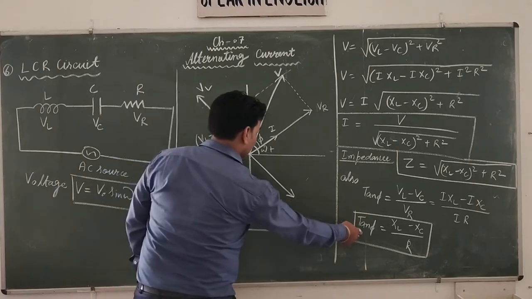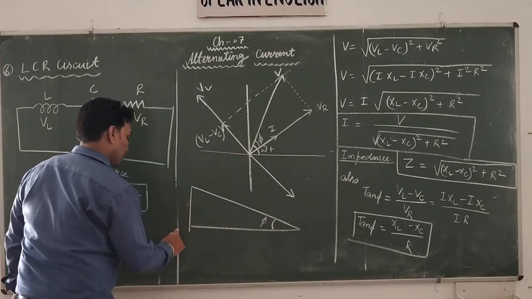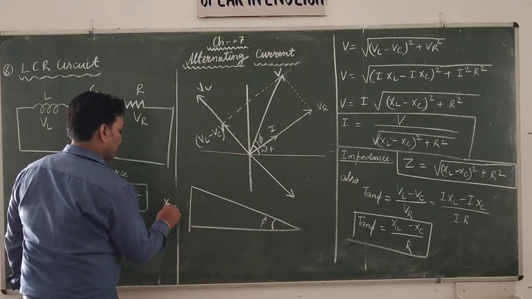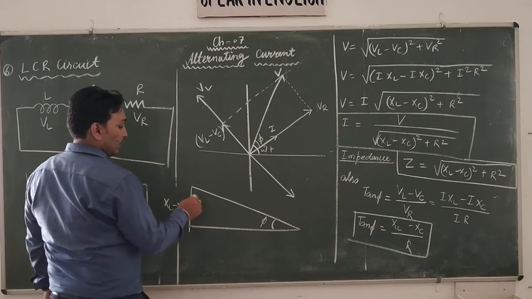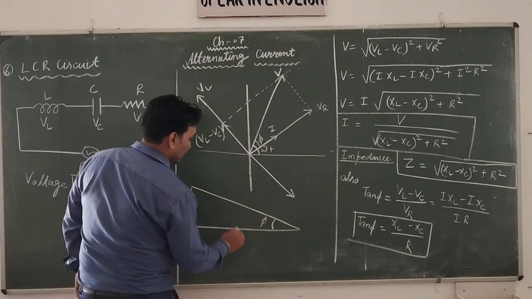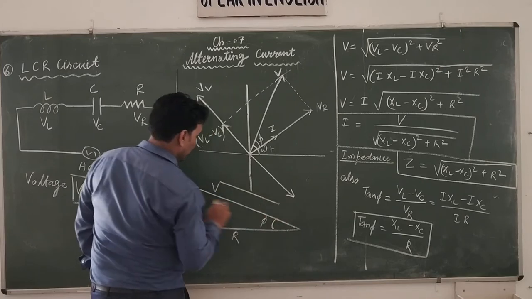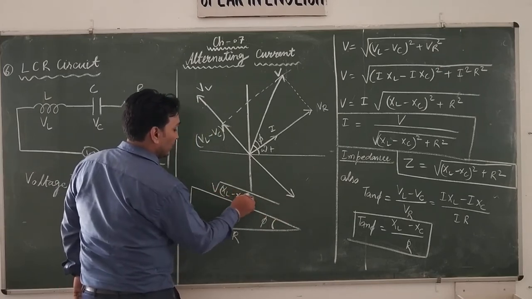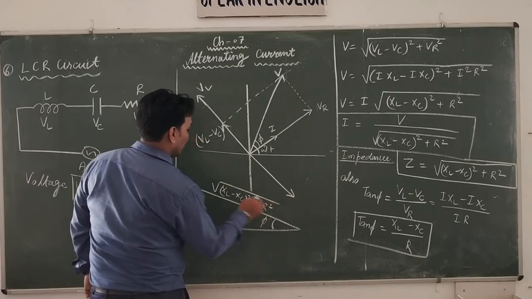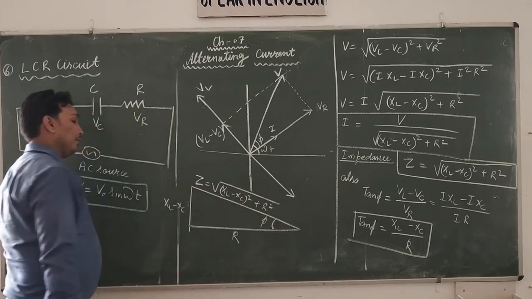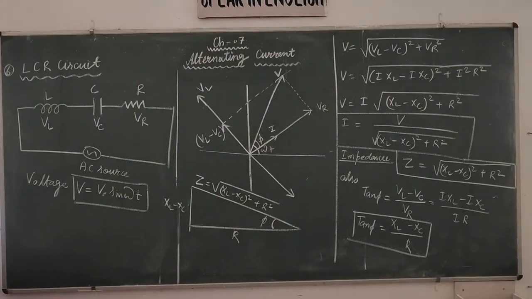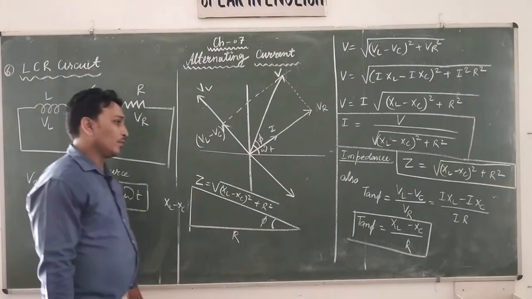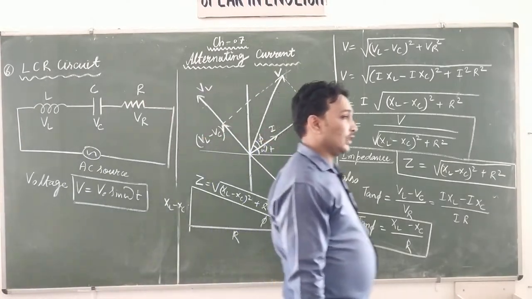According to this relation, this side must be equal to XL minus XC. This side must be equal to R. So this side comes out to be, perpendicular square plus base square, XL minus XC whole square plus R square, which is the impedance. Okay? Total load of the circuit. So this is all about the LCR circuit.